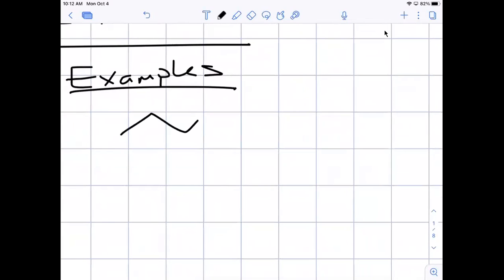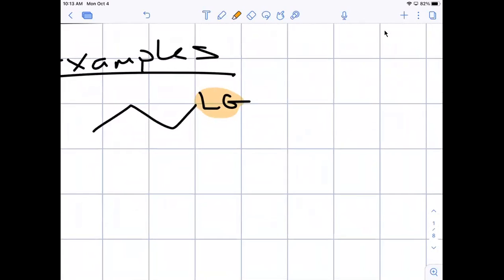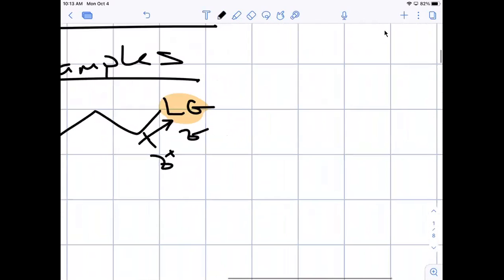But we've seen substitution reactions where you have some leaving group that's bonded in a polarized bond with carbon, and then that reacts with some nucleophile that comes in and displaces it.